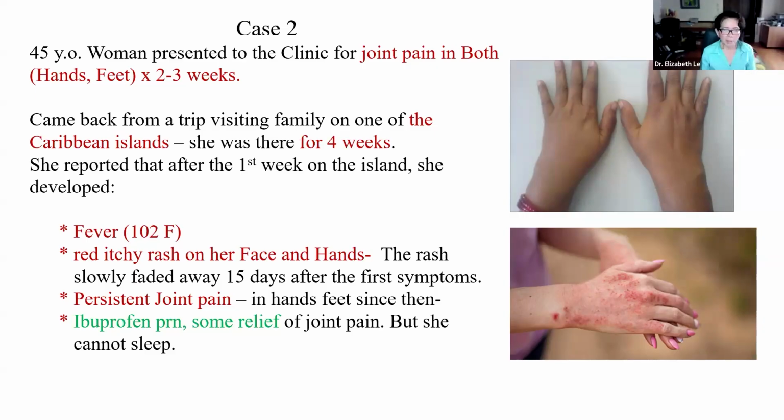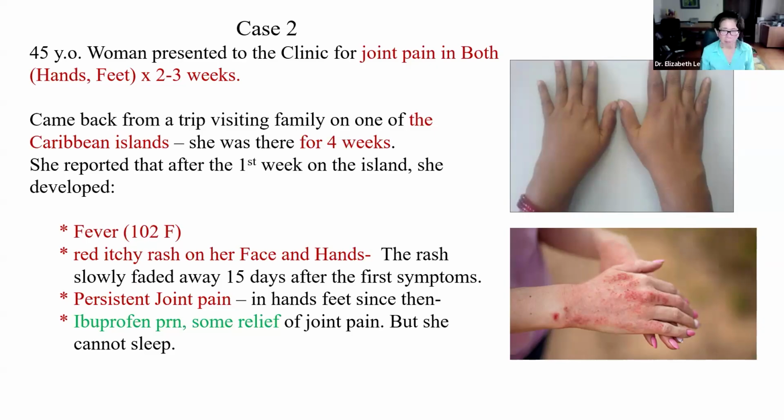She reported that after the first week on the island, she developed fever of 102, a red itchy rash on her face and hands like this picture. The rash slowly faded away 15 days after the first symptoms, so it lasts about a couple of weeks.